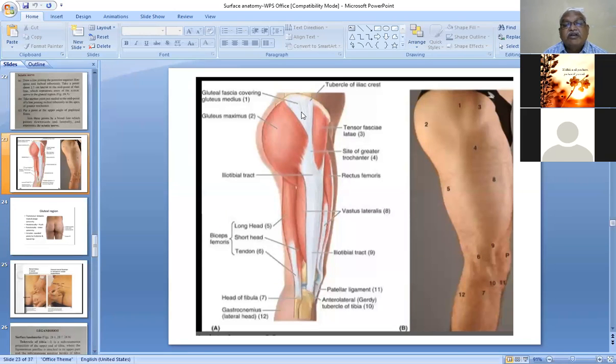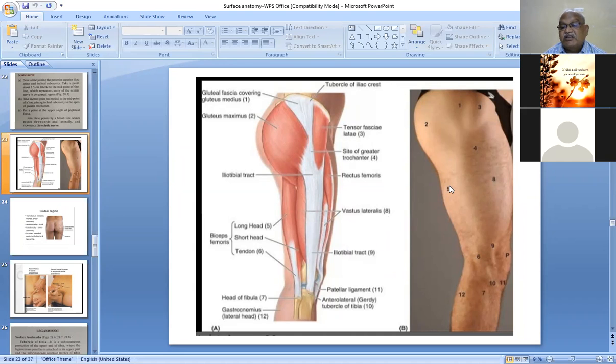1. Gluteal fascia covering gluteus medius. 2. Gluteus maximus. 3. Tensor fasciae lata. 4. Site of greater trochanter. 5.